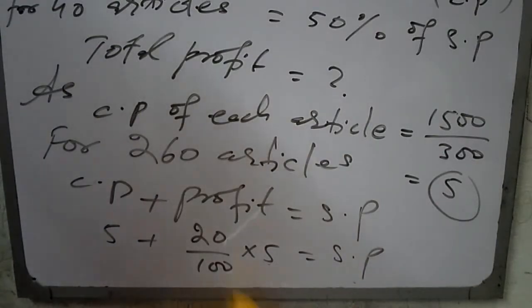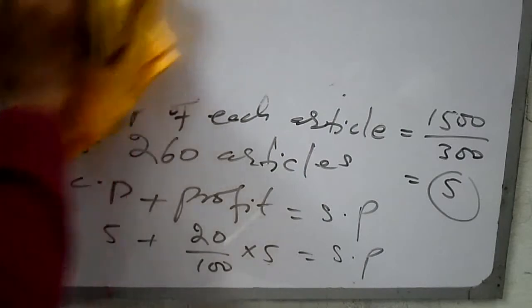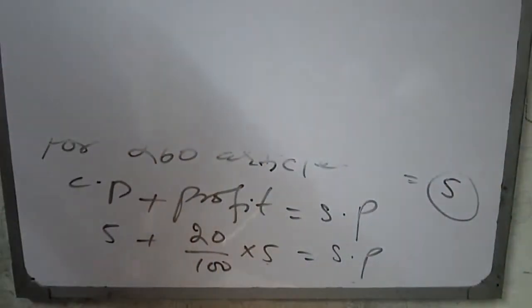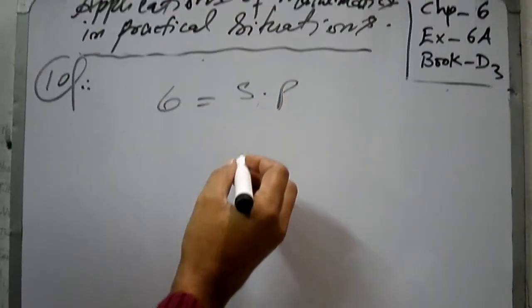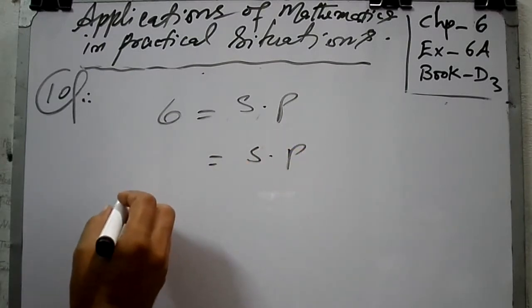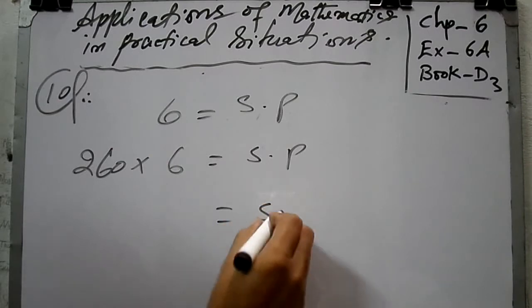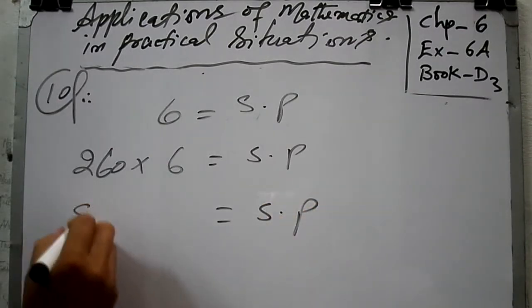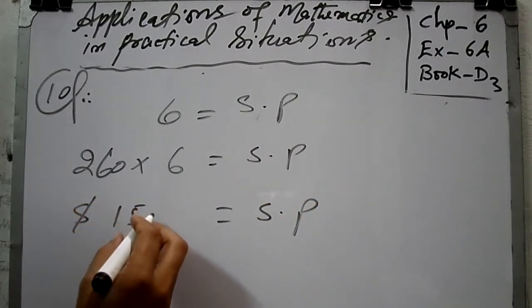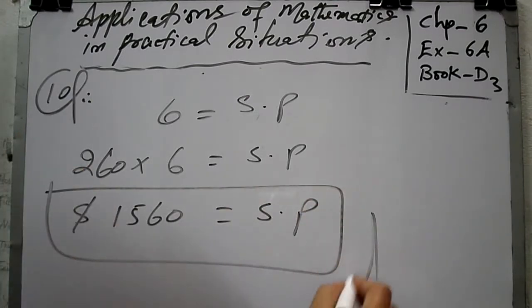So after simplification you will get 6 is equal to your sale price. So we need the sale price for 260, that is 260 multiplied by 6. So you will get $1,560. So that is your required result in this case.